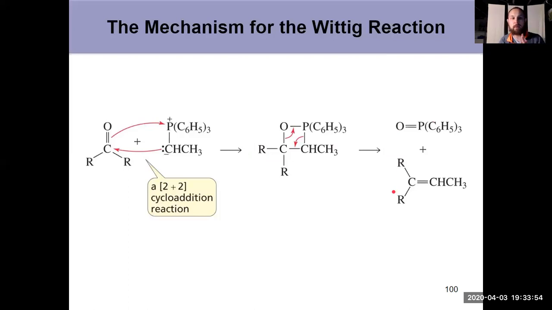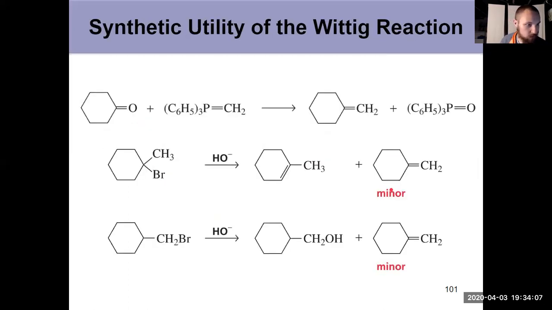This is a really powerful reaction. It gets its synthetic utility because it's 100% regioselective. I can selectively form some tricky alkenes this way, which is shown in this slide right here. How could I make this kind of alkene, which is a less substituted product?